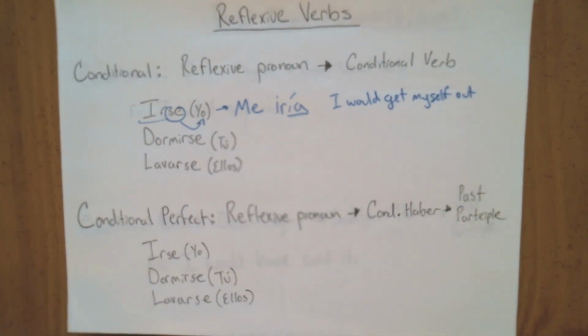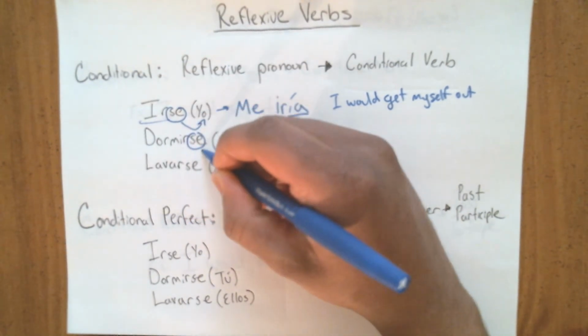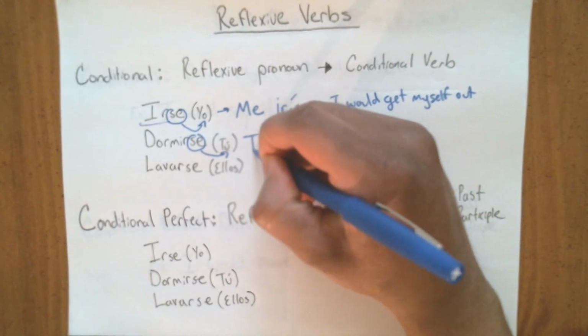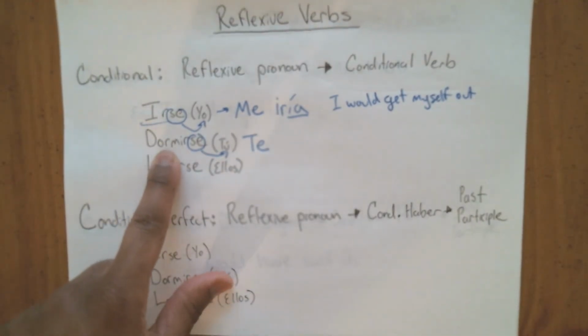How about dormirse? Now, dormirse means to fall oneself asleep. That's what it literally means, but it means like when you doze off or when you fall asleep. We want it in the tú form. What does tú mean? It means you. So we want to say, you would fall asleep. So the first thing we do is we take this reflexive pronoun, se, we put it in the tú form, which is te. Then after that, we take our verb and we conjugate it.